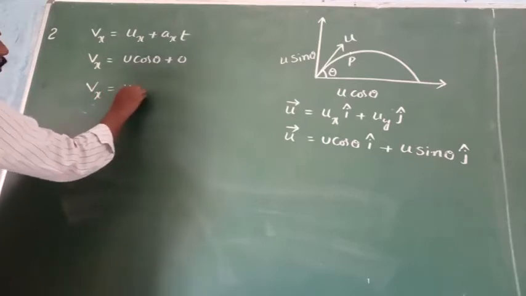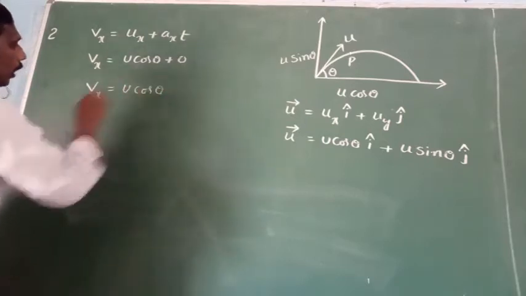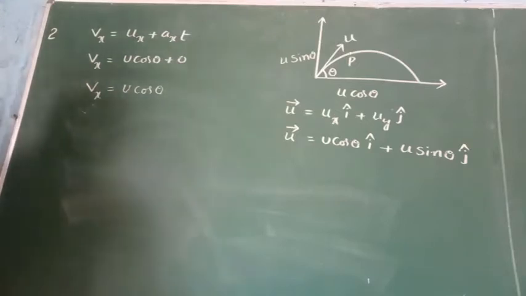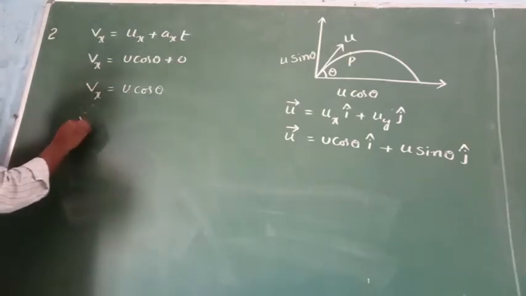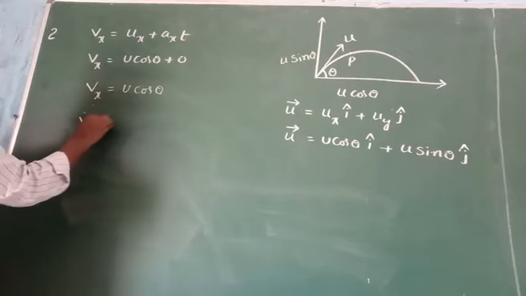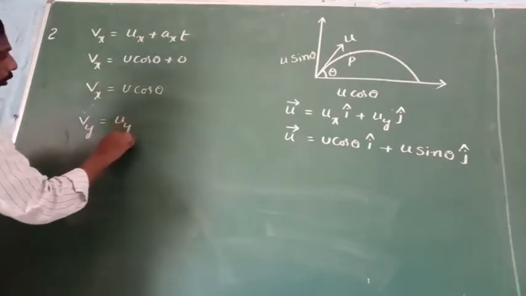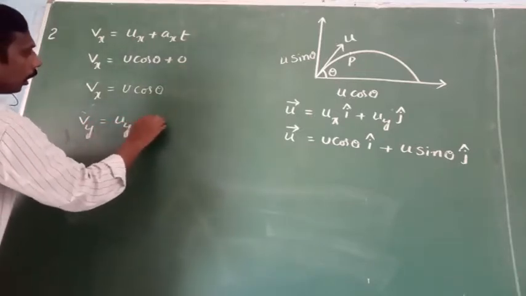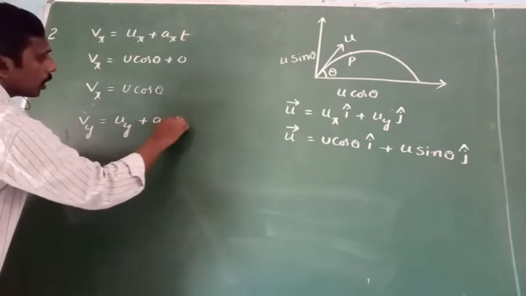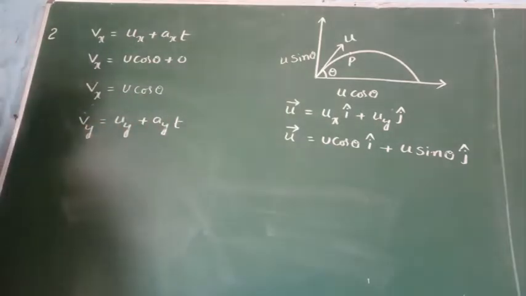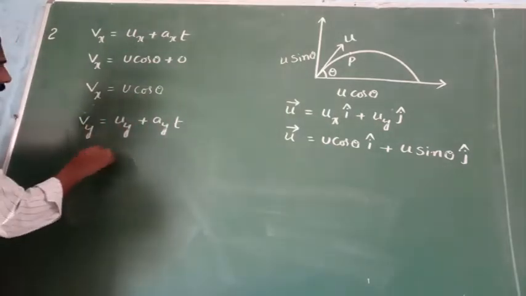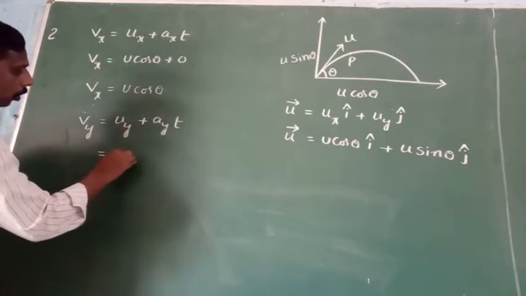Okay, so this is the velocity along the x-axis. Similarly, the velocity along the y-axis is Vy is equal to uy plus ay into t. Uy, the initial velocity along the y direction, is equal to u sin theta.